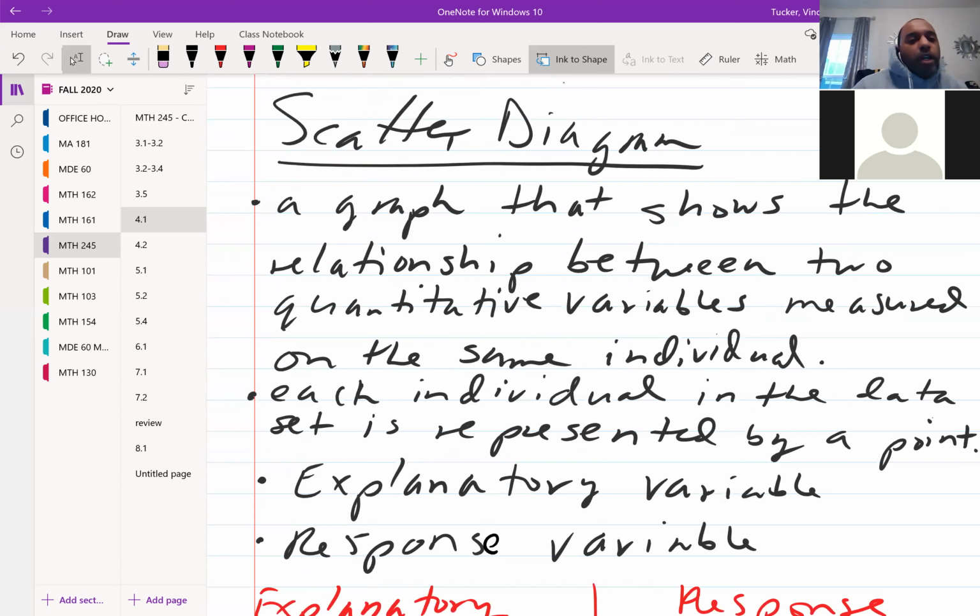All right, so a scatter diagram is a graph that shows the relationship between two quantitative variables measured on the same individual. Each individual in the data set is represented by a point, and those points will be generated by the explanatory variable and the response variable. And we'll see what's the difference between the two in a second.